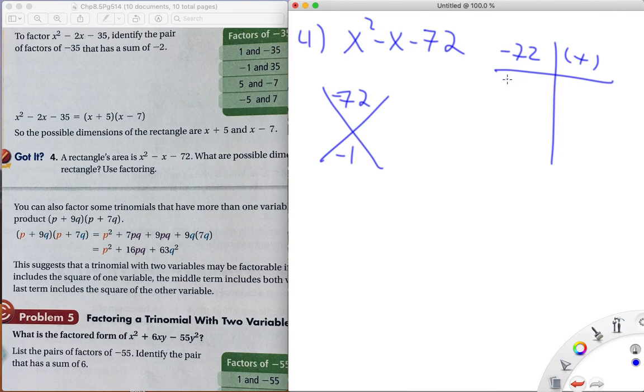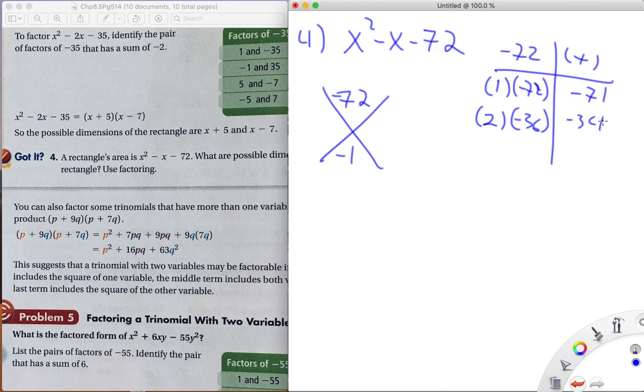So 1 times negative 72 gives me negative 71. Then I have 2 times, what is this, negative 36, which gives me negative 34.